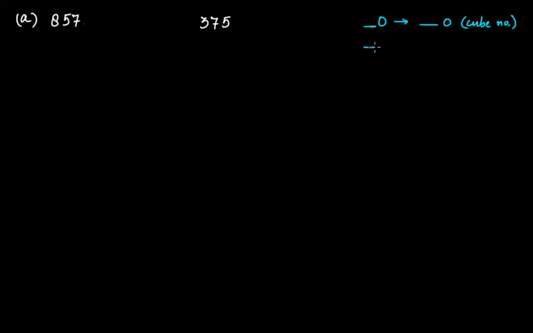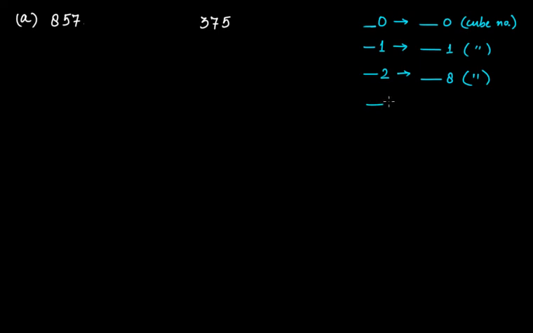If your number ends in 1, and you take the cube of this, then your cube number will also end in 1. So if your cube number ends in 1, its cube root will also end in 1. When your number ends in 2, then its cube will end in 8. We have already discussed all this. So if your cube number ends in 8, the cube root will end in 2.